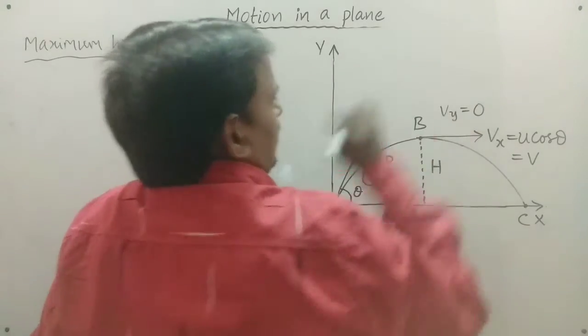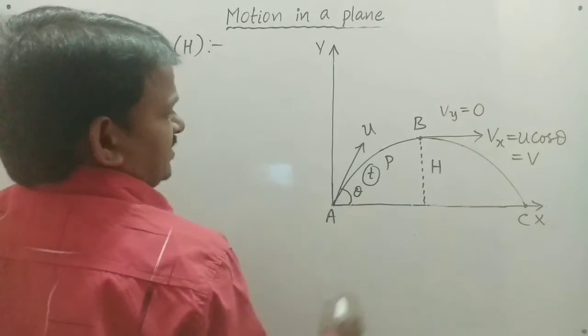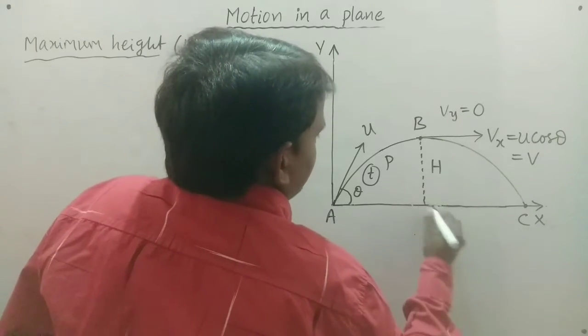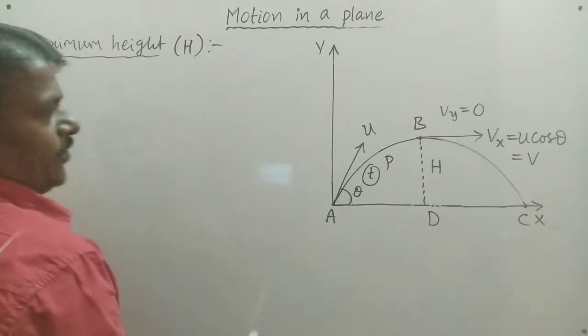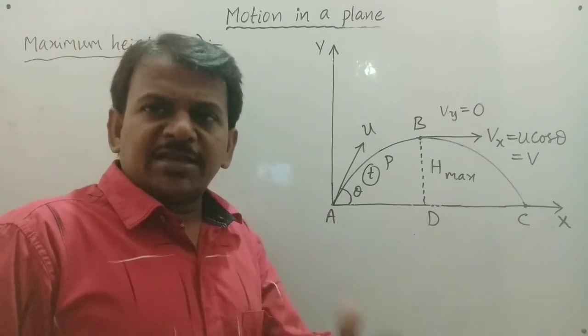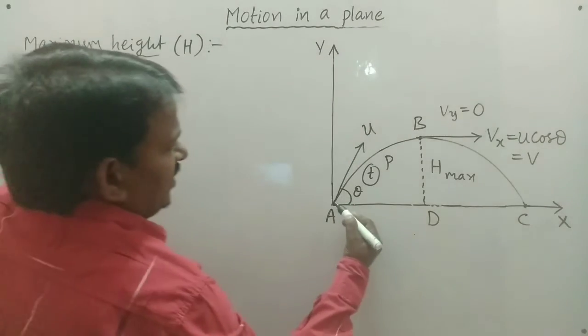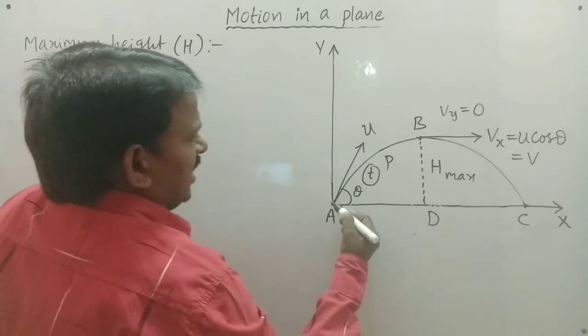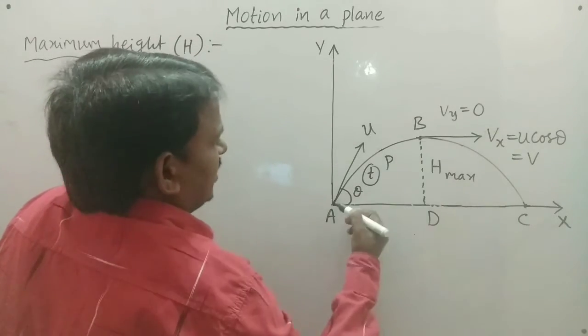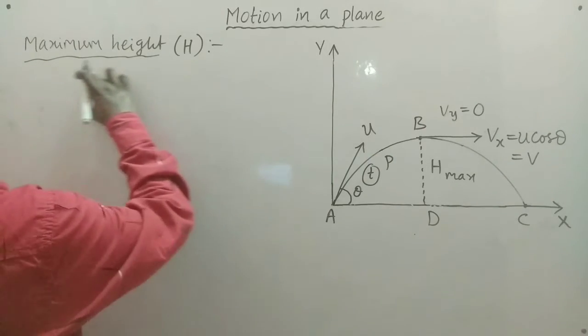Here we have to find the maximum height. Now I am taking this point D, so BD is the maximum height. Let us find it. In this total journey, I am taking the part of the journey from A to B, so I consider all vertical components.